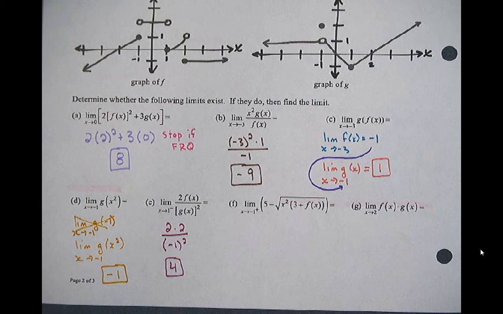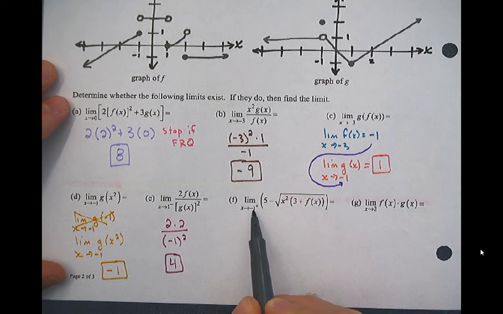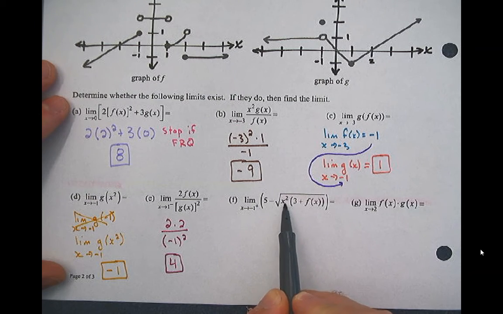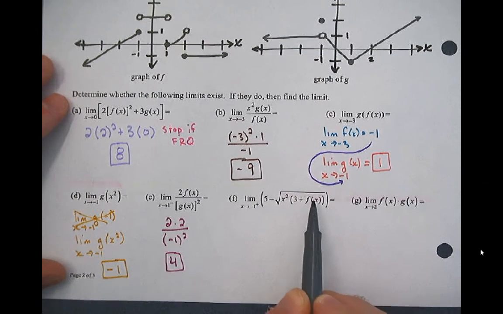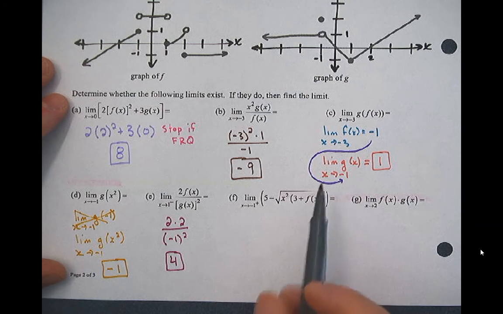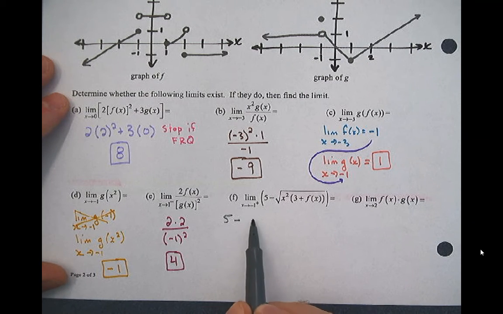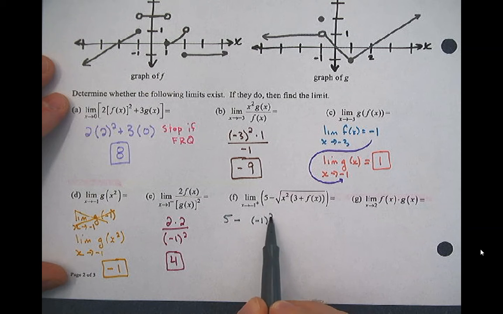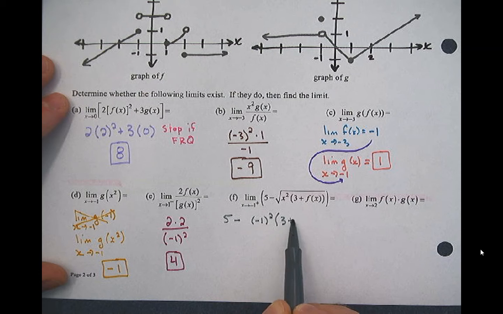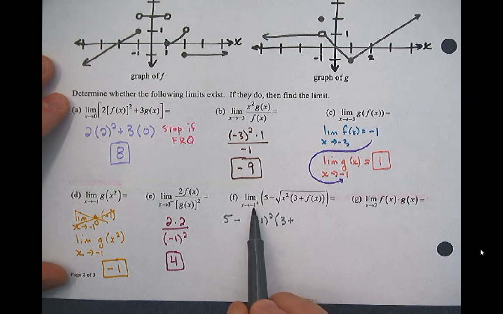Let's see here. Let's go with a gray. All right, so now I'm going to direct substitute any of the x's that I can, and then I have to evaluate the limits for any of the function values. So this is going to be 5 minus, I can input -1 squared in for that, times 3 plus, what's the limit of f of x as x approaches -1 from the right?